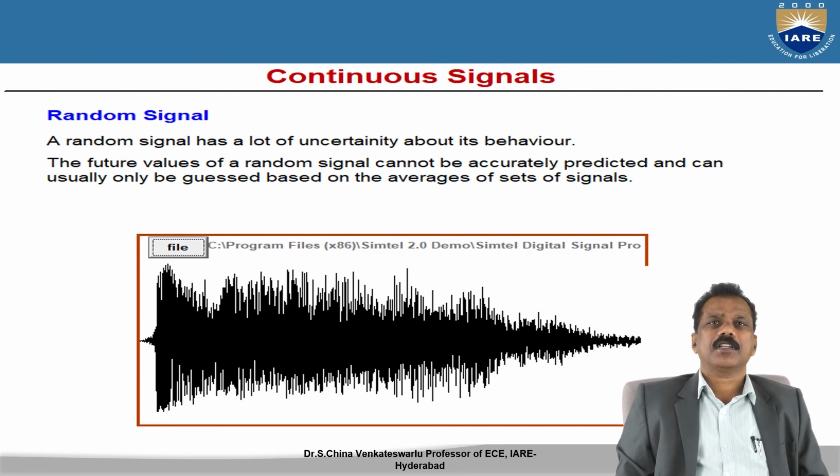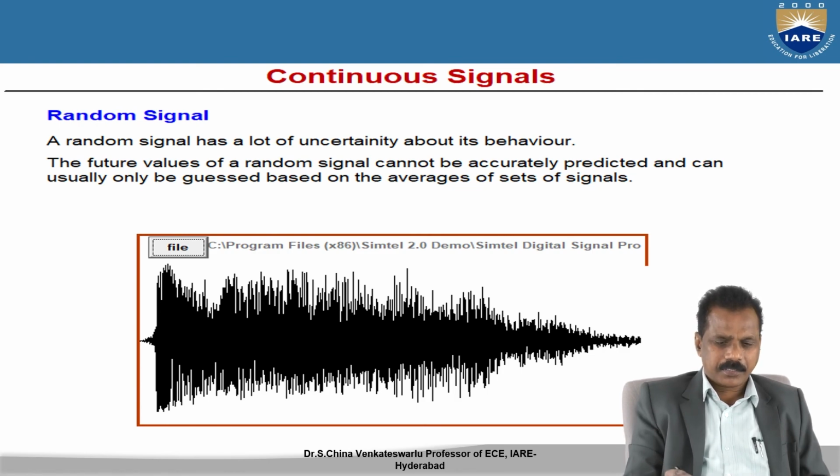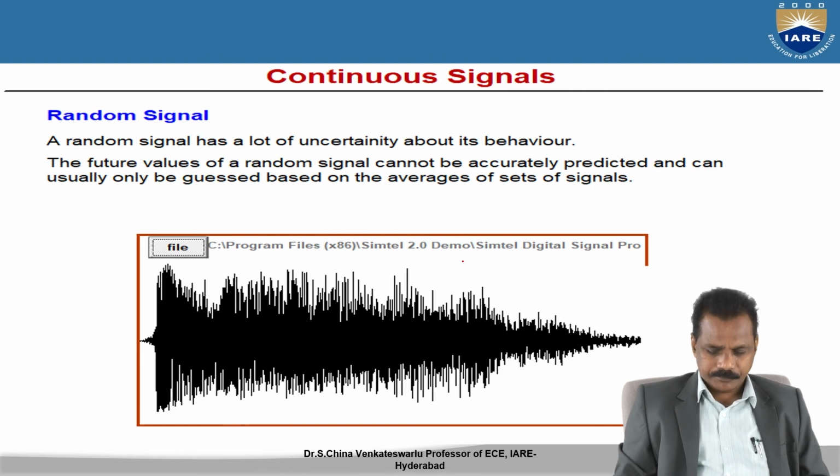Next, random signal. A random signal has a lot of uncertainty about its behavior. The future value of a random signal cannot be accurately predicted, and can usually only be guessed based on the averages of sets of signals.